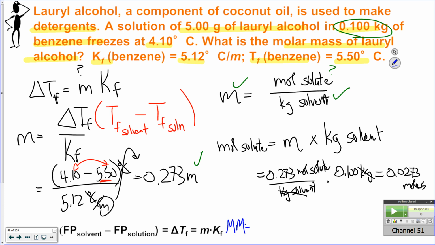Grams per mole. So it's the grams of the substance divided by the number of moles. The number of grams was 5 grams, divided by the moles, which we found was 0.0273 moles.